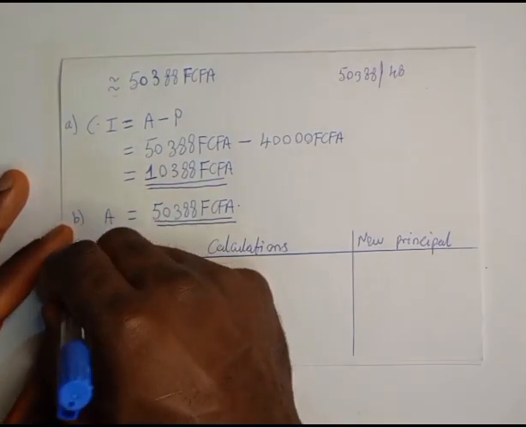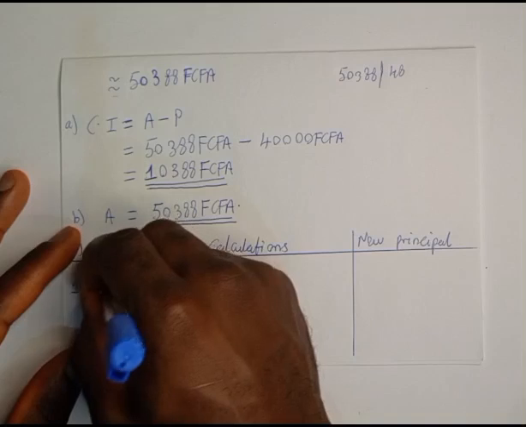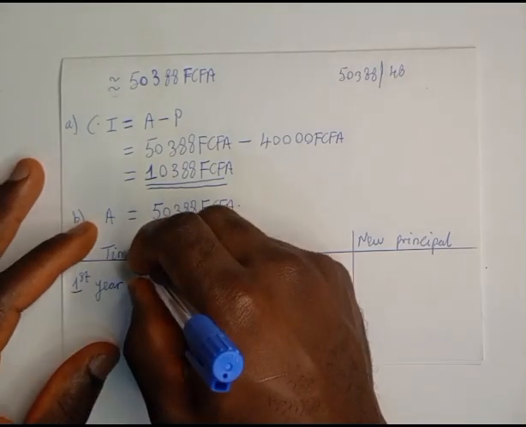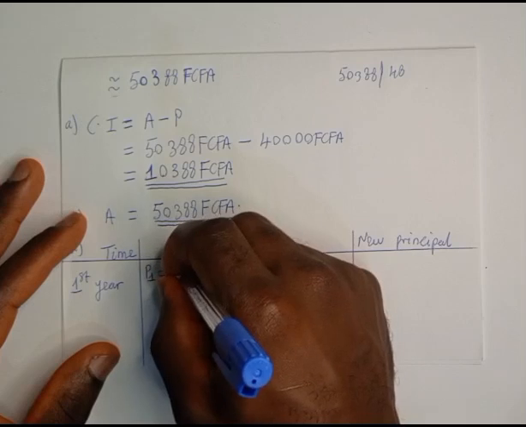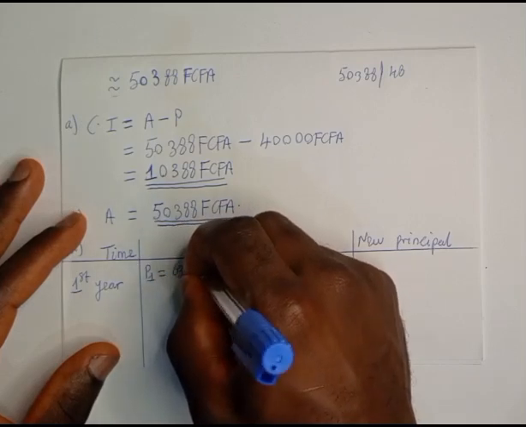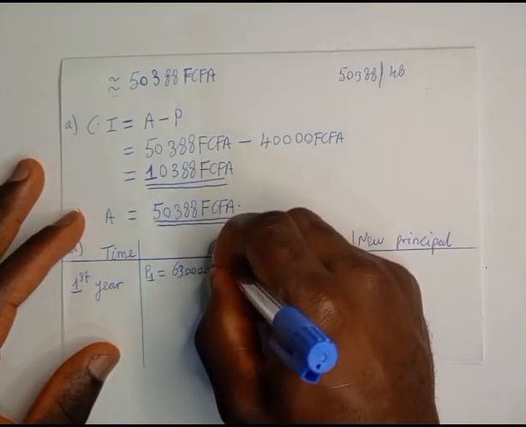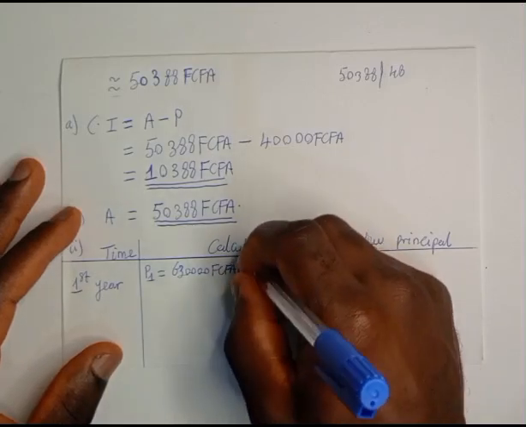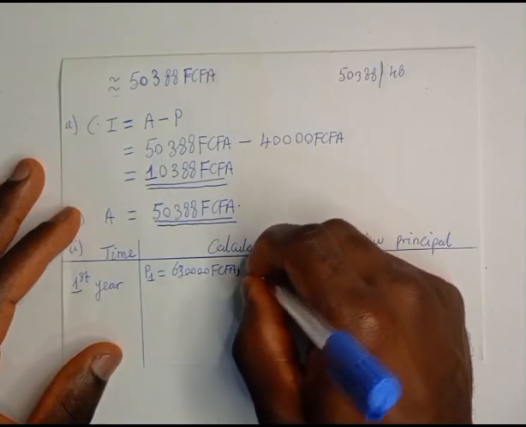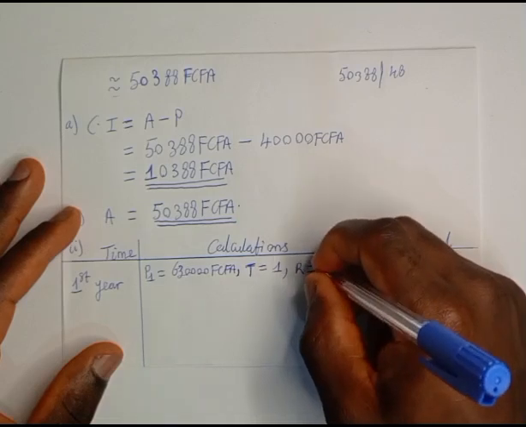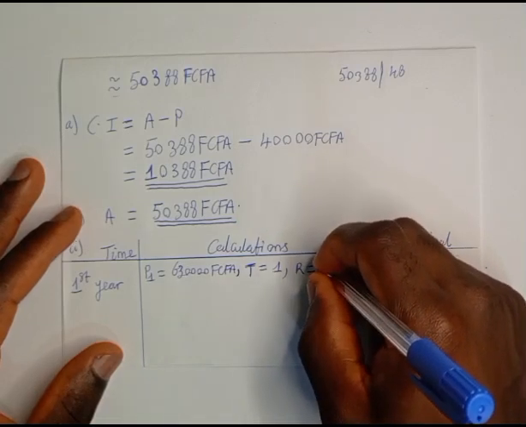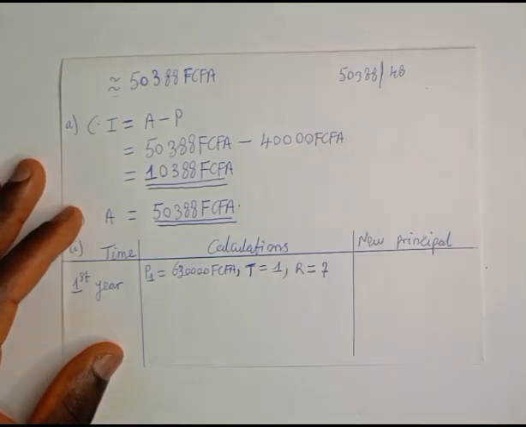The time, the first year, the principal P1 is equal to 630,000 francs CFA. The time for that first year is simply 1, and the value of our rate is 7.